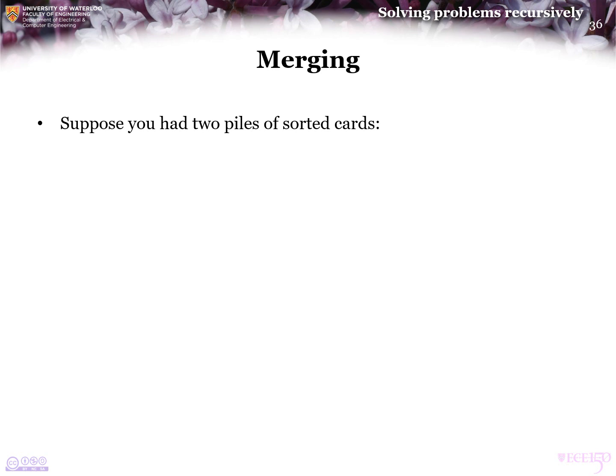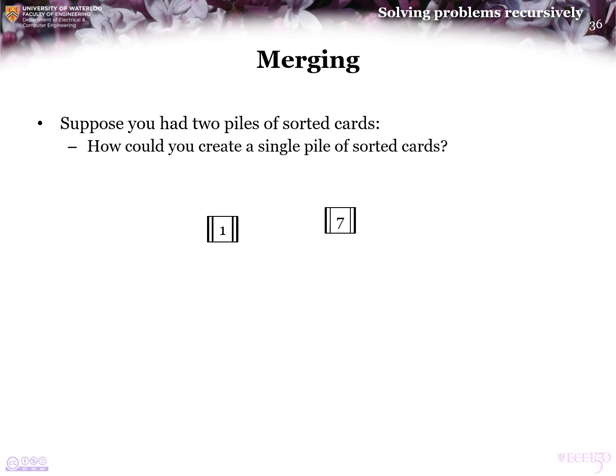All right. Suppose you had 2 piles of sorted cards. You know that in each pile, 1 is the smallest because it appears on top, or in the second case, 7 is the smallest as it is the value that appears on top. How could you create a single pile of sorted cards?